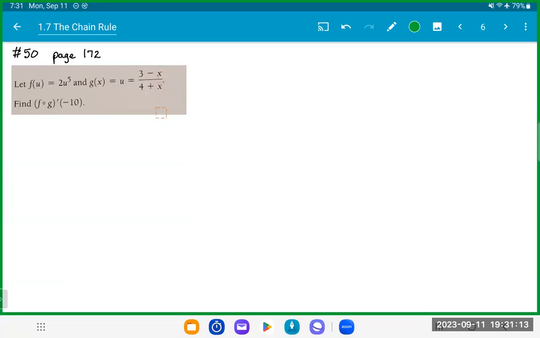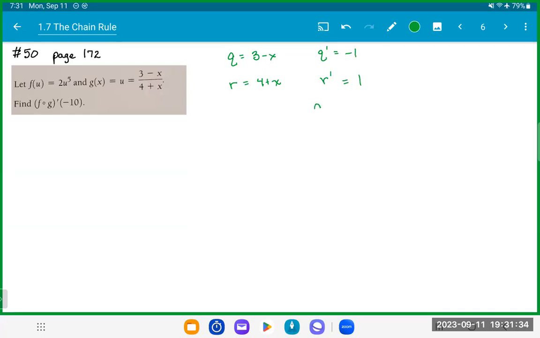So we're going to say let q equal 3 minus x, and let r equal 4 plus x. So my derivative, q prime, is equal to -1, and my r prime is equal to +1. All I did was take the derivative of each of those.